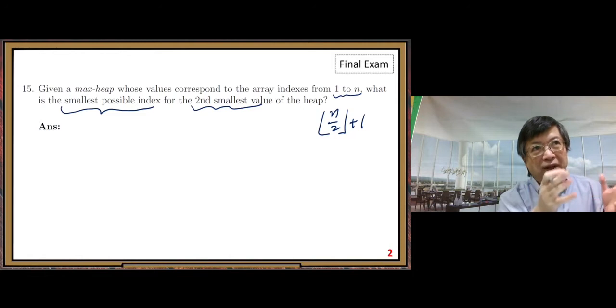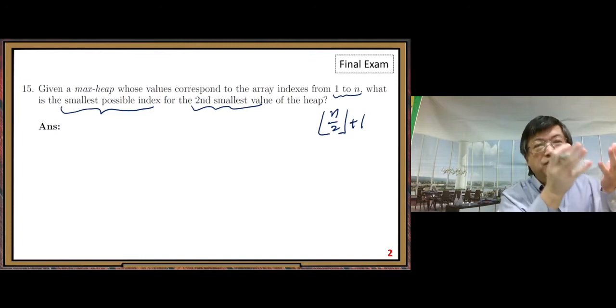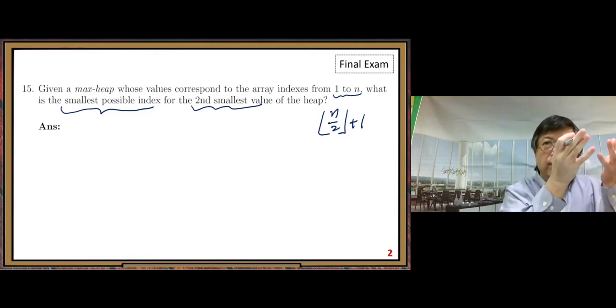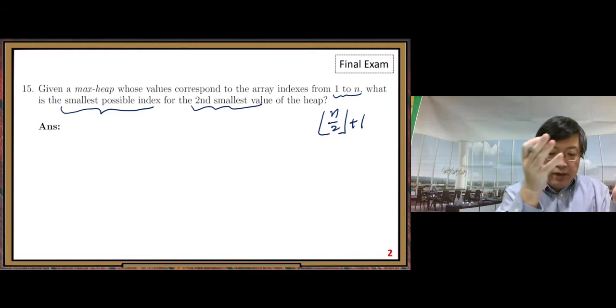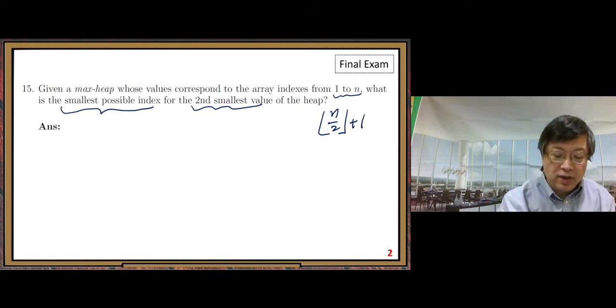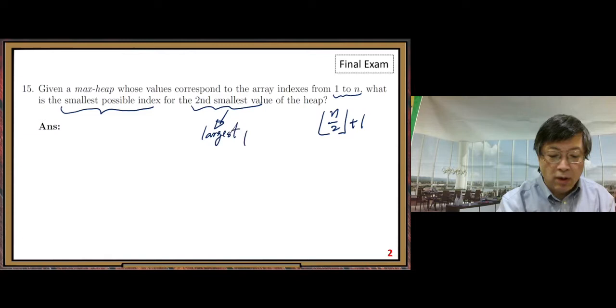Let's look at the highest possible height for the second smallest value. What is the largest possible height?